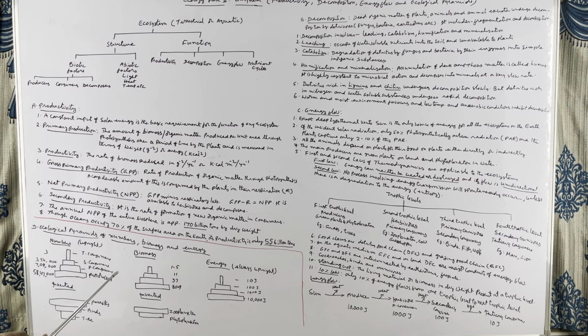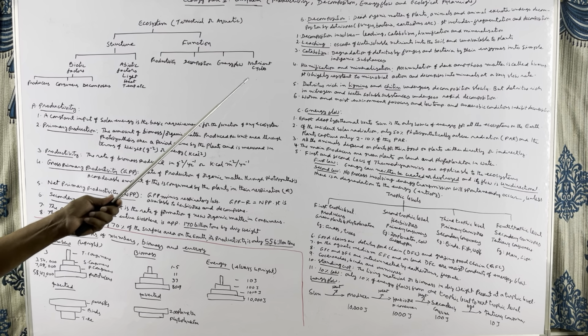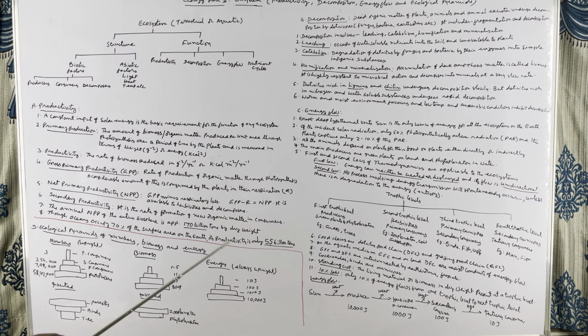So that is about the ecosystem and its functions, dealing with productivity, decomposition, energy flow, and ecological benefits. Coming to the nutrients, you know that nutrients are released into the soil by the decomposers, and these nutrients are made available to plants to reuse in photosynthesis. Thank you. That is about ecology part 5.